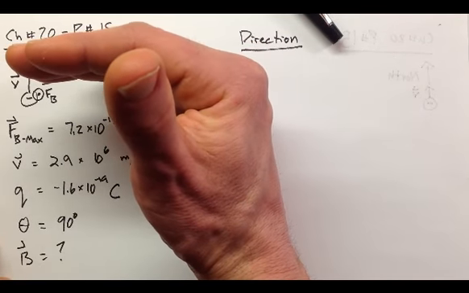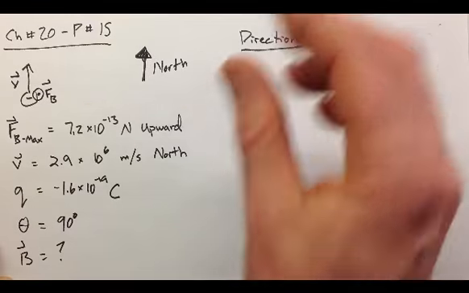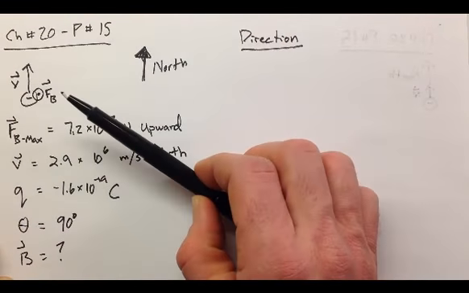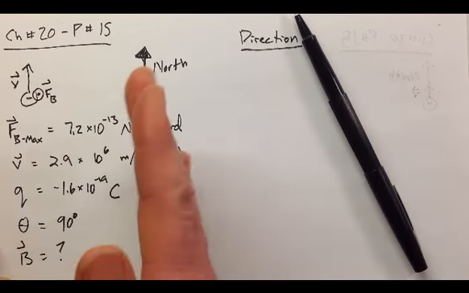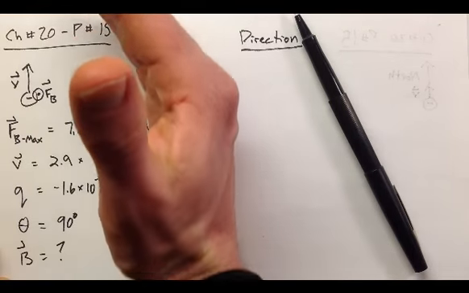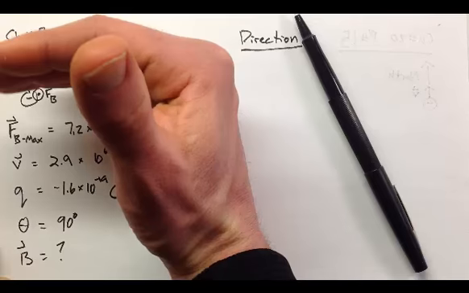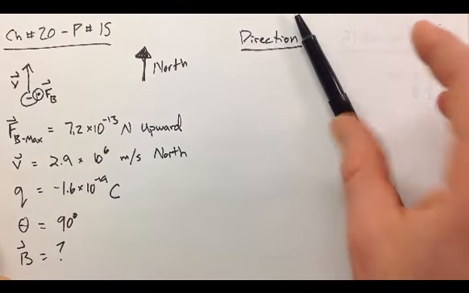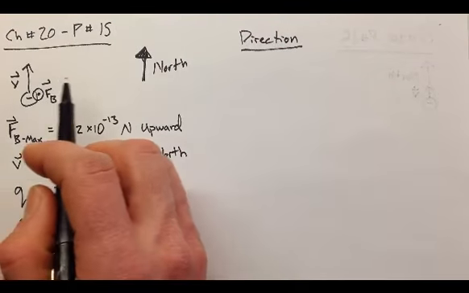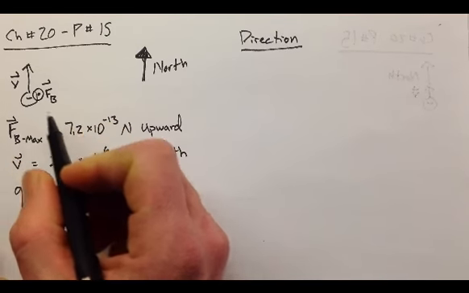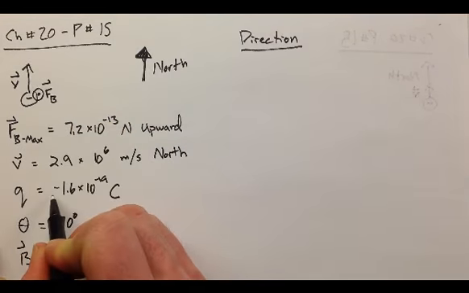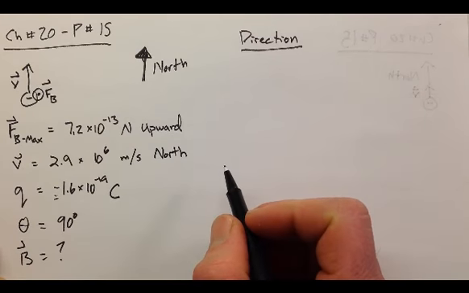That would make sense, except this is an electron, so there's a negative sign in there. If this was a proton moving that way with the force up out of the page, then yes, the field would point this way. But since this is an electron, we have to throw in an extra negative sign.